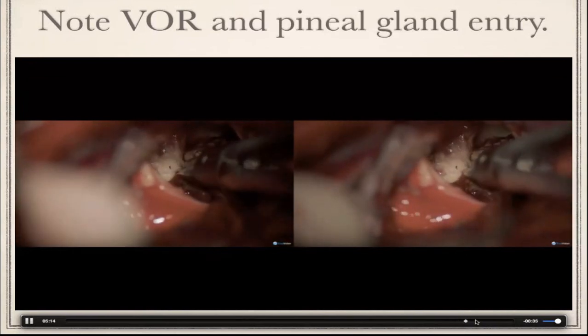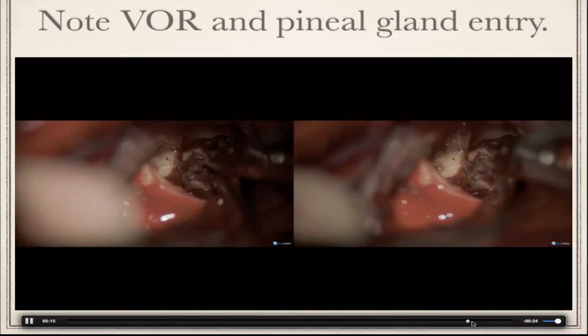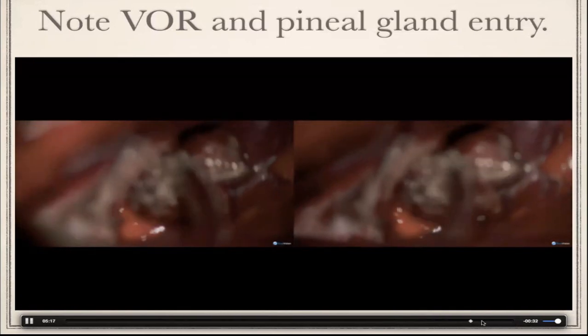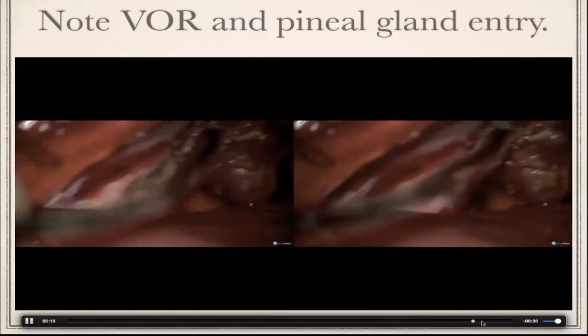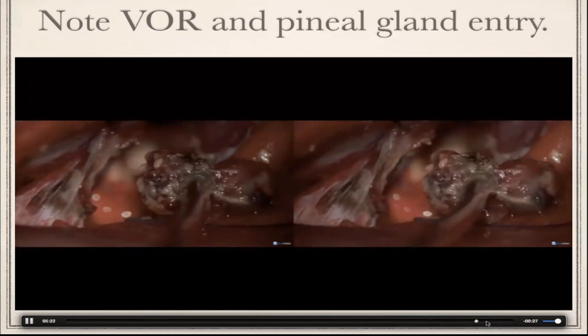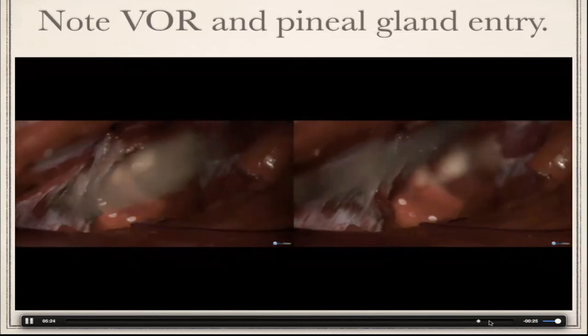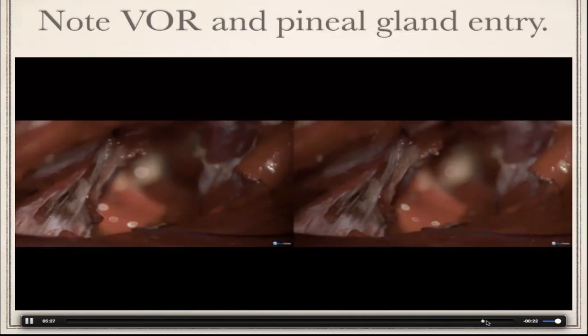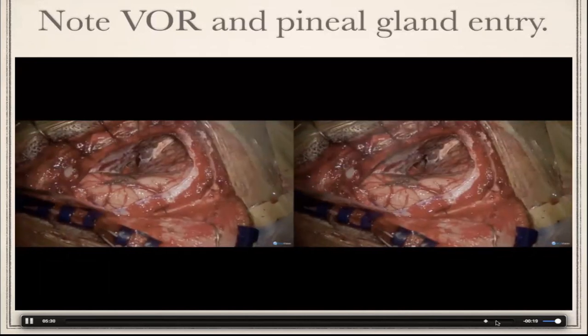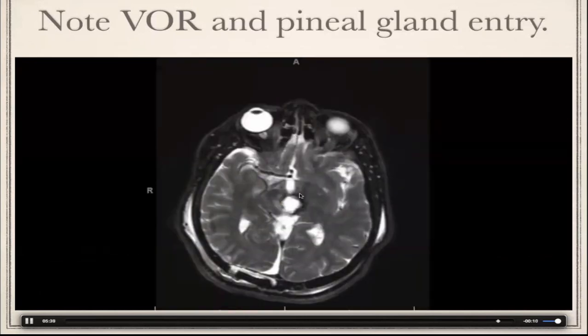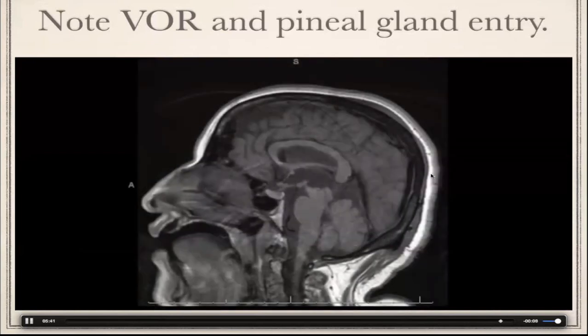I obviously don't need to say, but it's critical to be very delicate in that plane and try to remove the cavernoma when possible in one piece so you can be sure you haven't left any residual. And that's at the end, and it's a gross total resection, and I thought in retrospect this was the right angle to come at this.